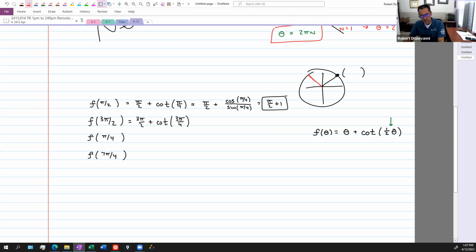Isn't that the red one here? Are the x and y coordinates there exactly the same? Aren't they off by a sign? Isn't one of them negative, the other one positive? So when you do the ratio, you don't get 1, you actually get negative 1, right? Negative 1.